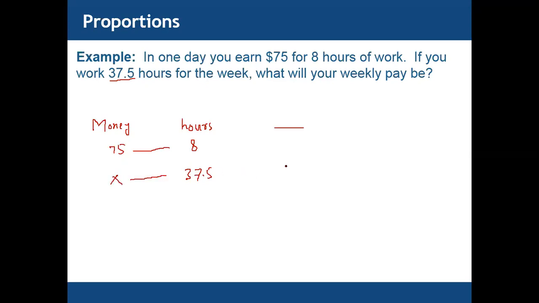If you want to write it in the form of a ratio, you can write 75 divided by x equal to 8 divided by 37.5.